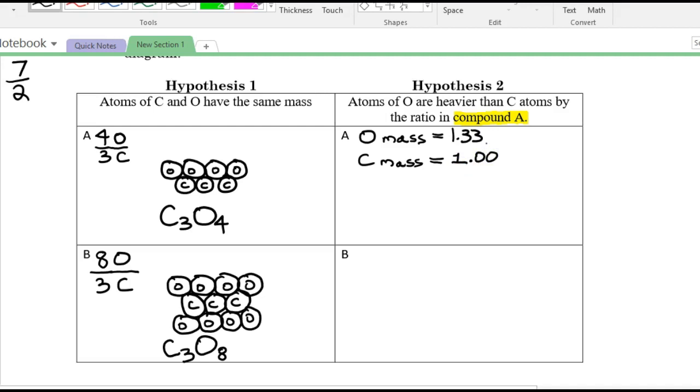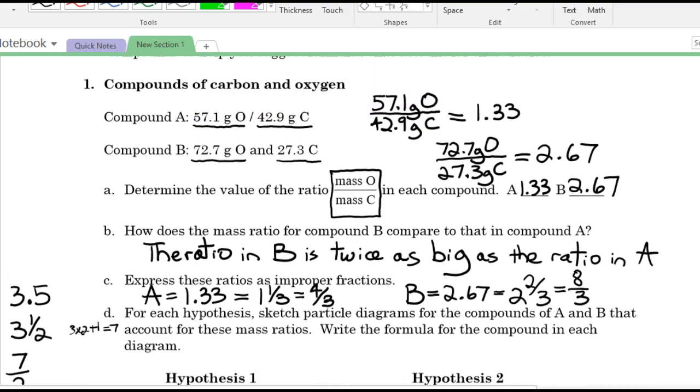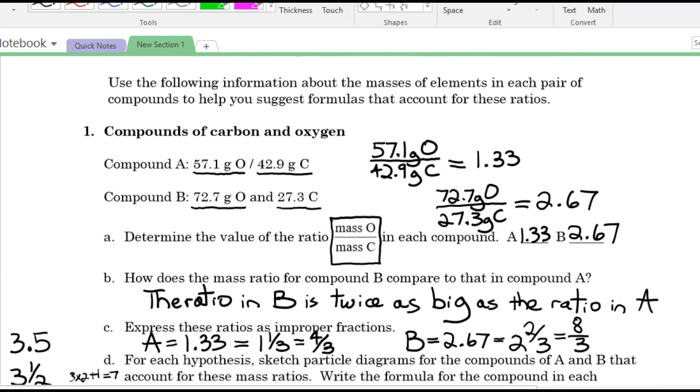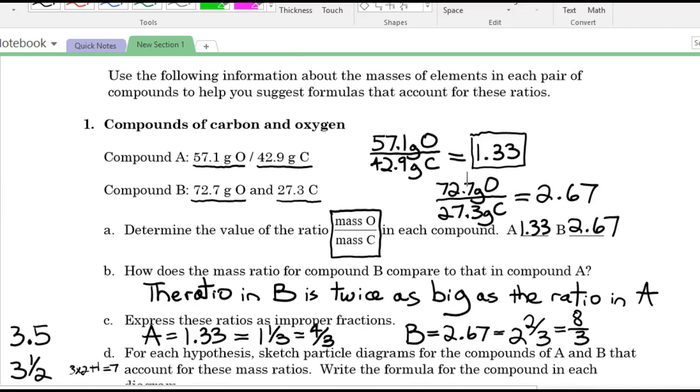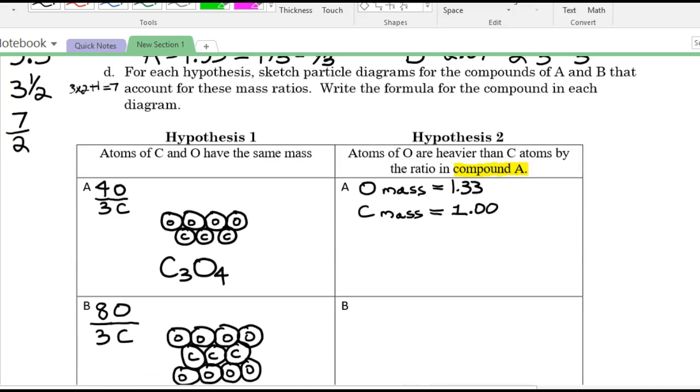Where did I get those numbers from? Well, that was the ratio I calculated. When I did oxygen divided by carbon, I got a mass ratio of 1.33. So I'm saying that if the carbon is a mass of 1, then the oxygen is heavier with a mass of 1.33. Okay, how could I show that in a picture?